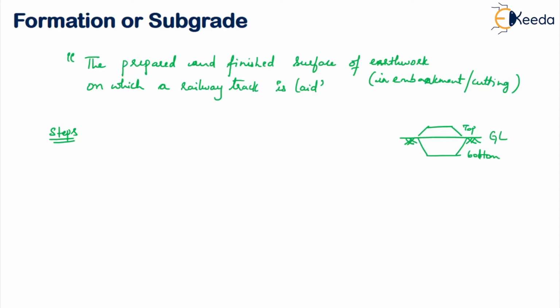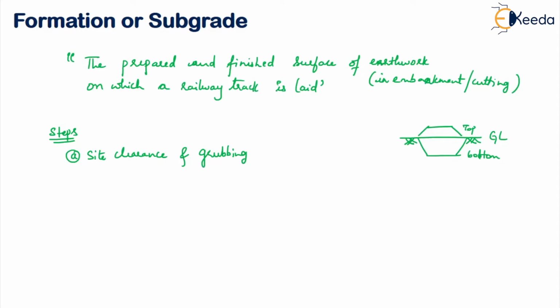Once you know that, to go about the preparation of the formation, you have three steps. The first one is your site clearance and grubbing. Site clearance is, if there is any obstacle, you have to remove it. What is grubbing?